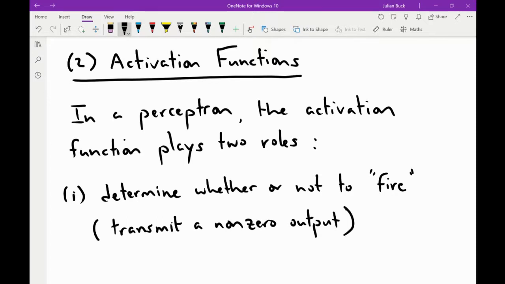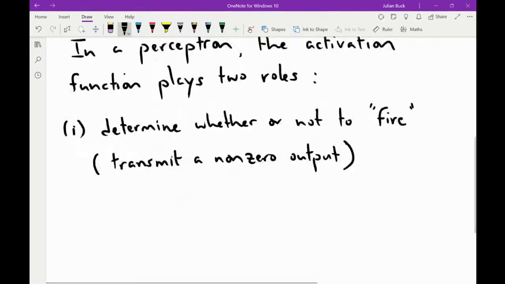We think of an output of zero as being like not firing, the same way that in a biological neuron, you simply wouldn't be transmitting information. If you transmit a zero, you're not really transmitting any information.